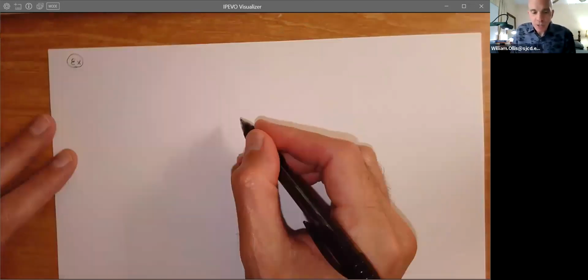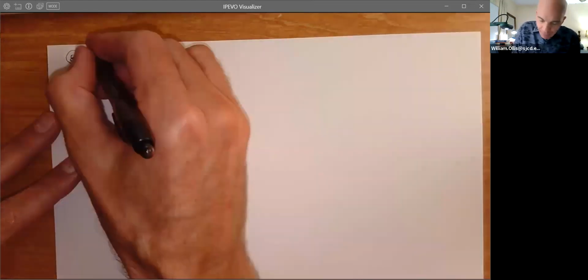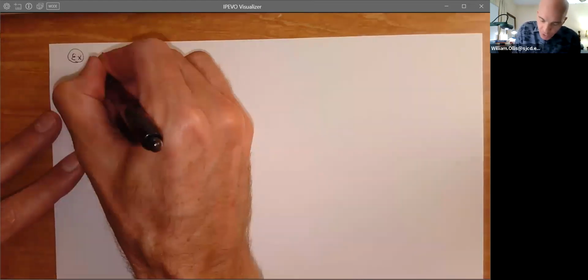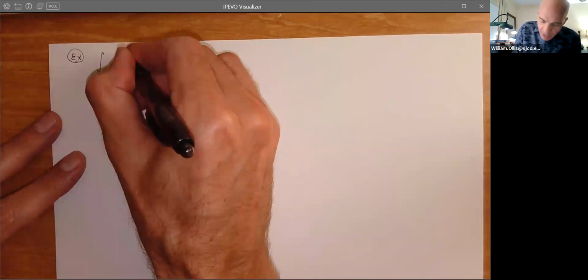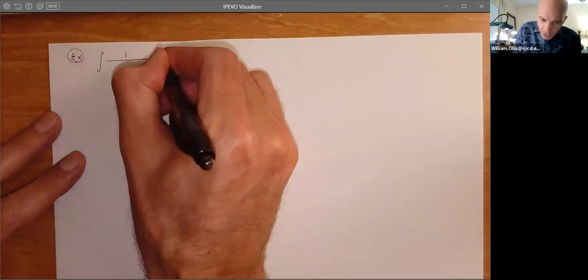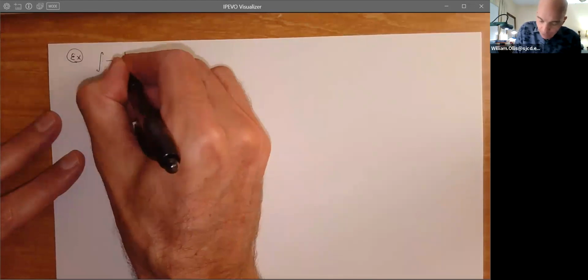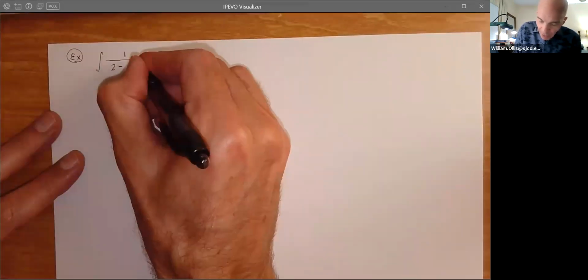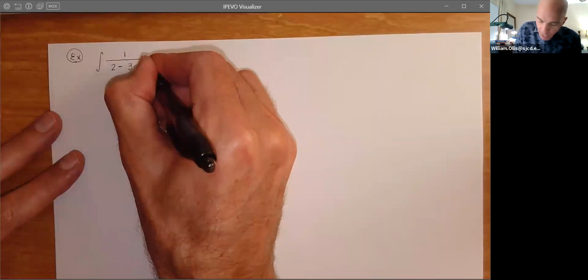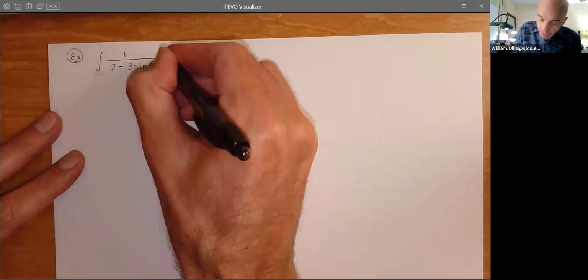If you clutter up the integrand with some coefficients, the conjugate method doesn't work very well. Here's an example: 1 over 2 minus 3 sine theta. This is even written up in the notes, but it's a really important example.